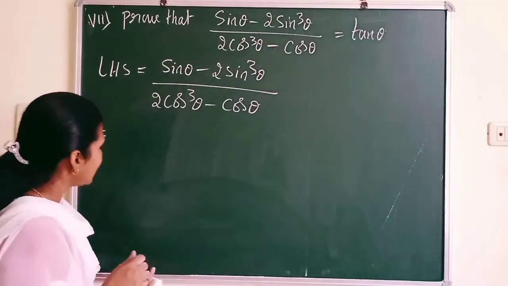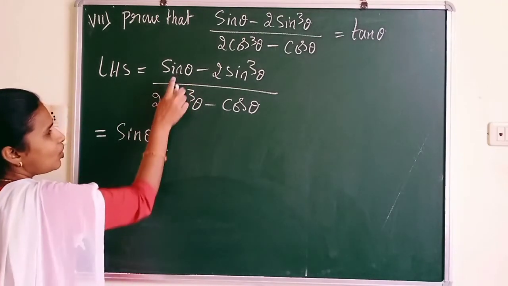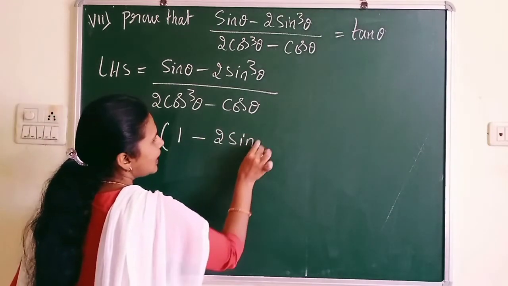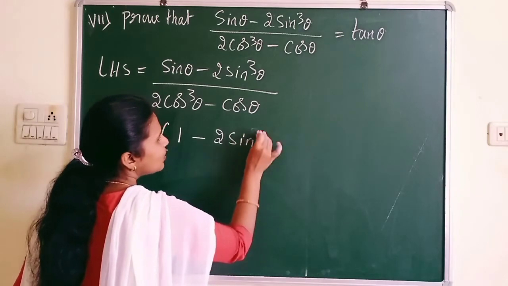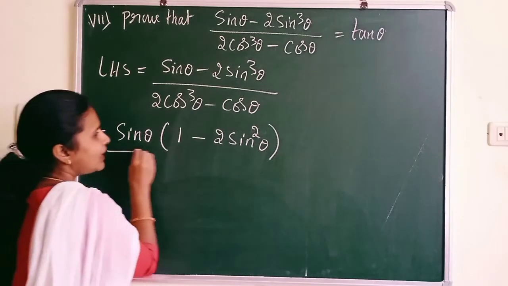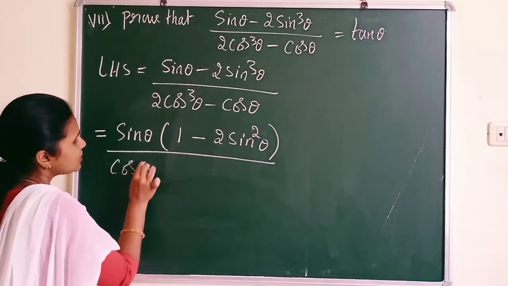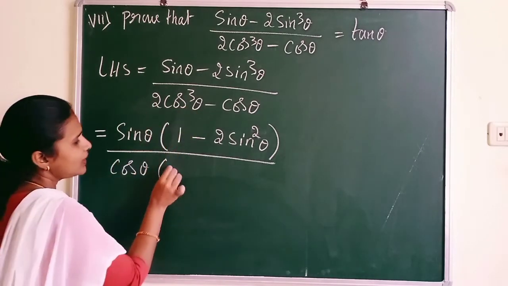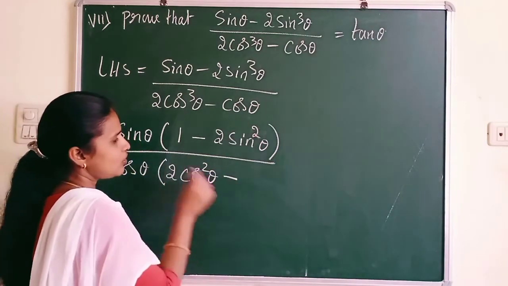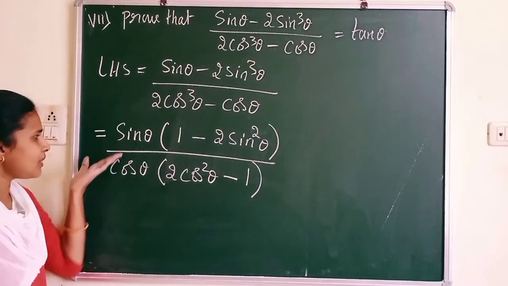Taking sine theta common in the numerator, this is 1 minus 2 sine square theta. Why square? Because I removed one sine. Divided by, again take cos common. Instead of 3, I write 2 cos square theta minus 1, since 1 cos is removed. Now almost your answer is over. Sine by cos is tan.